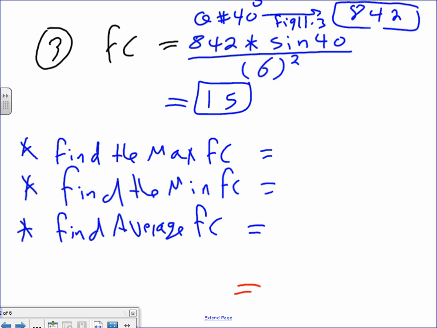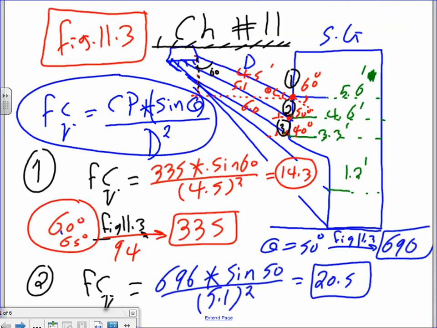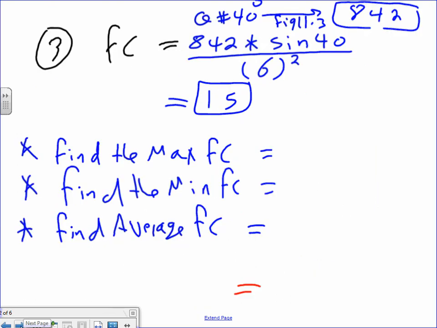Okay, so now we have 3 points: point 1 is 14.3, point 2 is 20.5, and point 3 is 15. The question, and that would be the test too, would be: find the maximum foot candle on the face of the switchgear based on these 3 points. Very clearly, the maximum is 20.5.